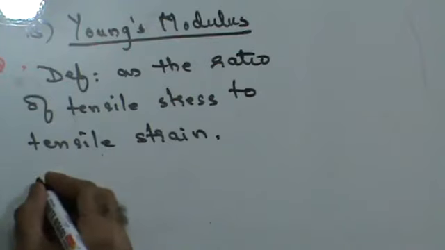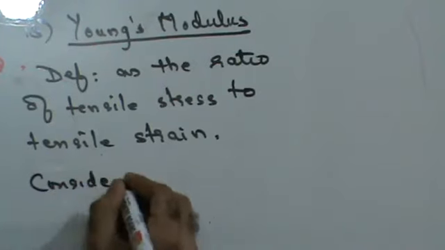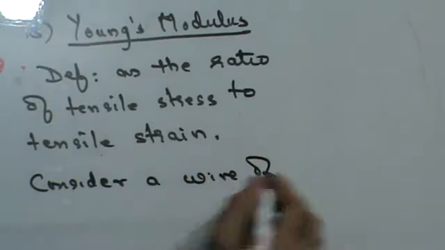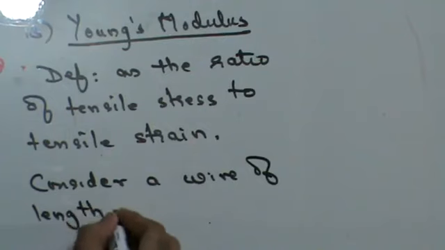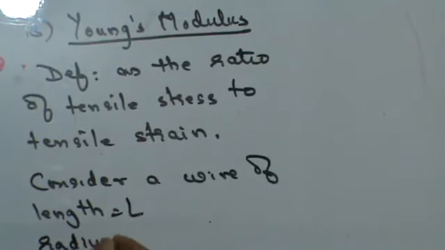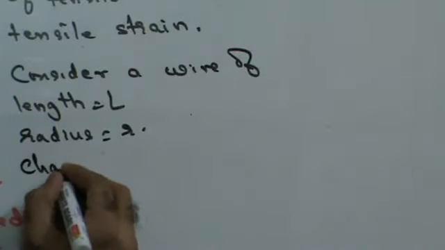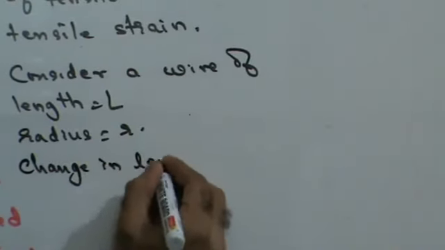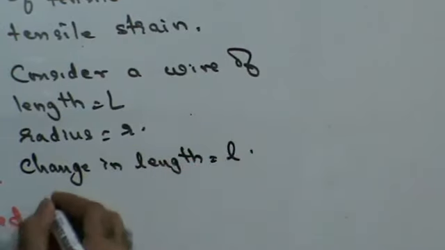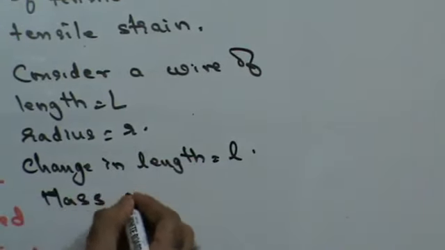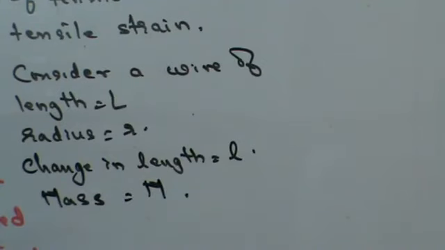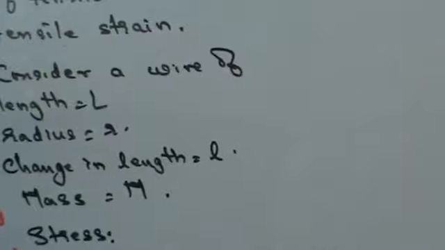Now let us consider a wire of length L, radius R, and let us assume that the change in its length is l, and it is suspended by a mass of M. Now, we know that stress is nothing but force upon area.